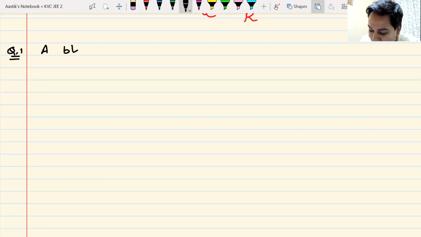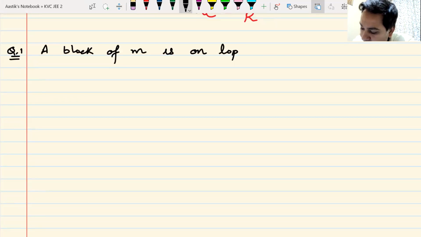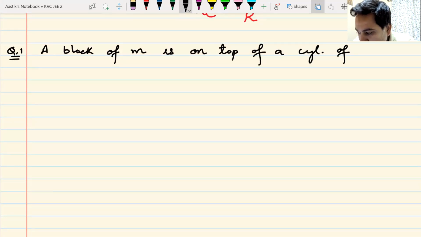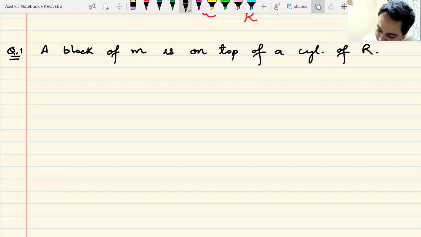A block of mass m is on top of a cylinder of radius r, and it is at rest.